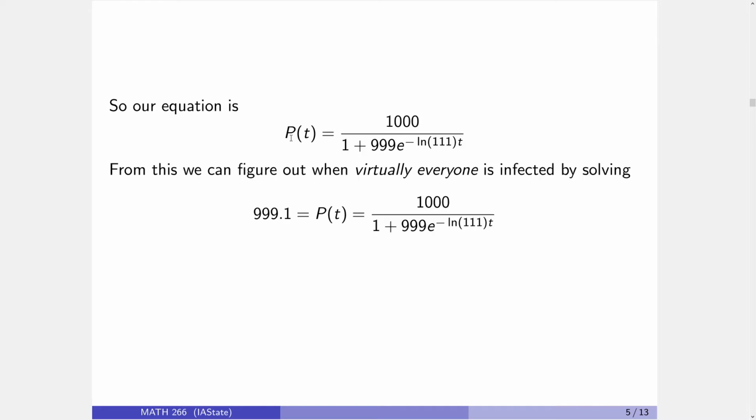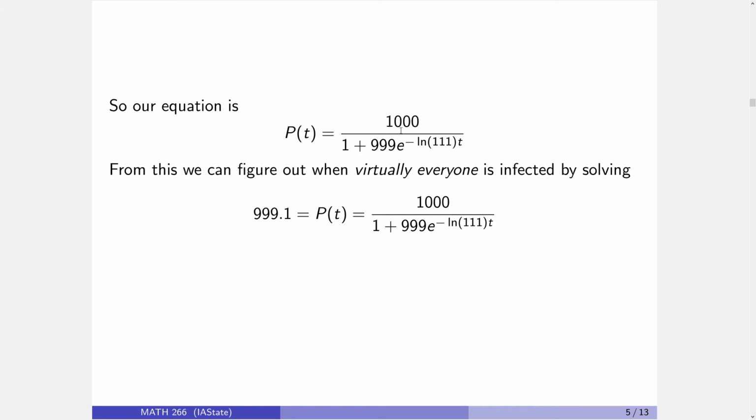So, in particular, if you wanted to figure out when virtually everyone is infected, so a time where you can basically guarantee everyone's got it, you just need to solve P of t for any value bigger than 999. It's over 999. And then solve for it. And this gives you an estimate of when virtually everybody will be infected.